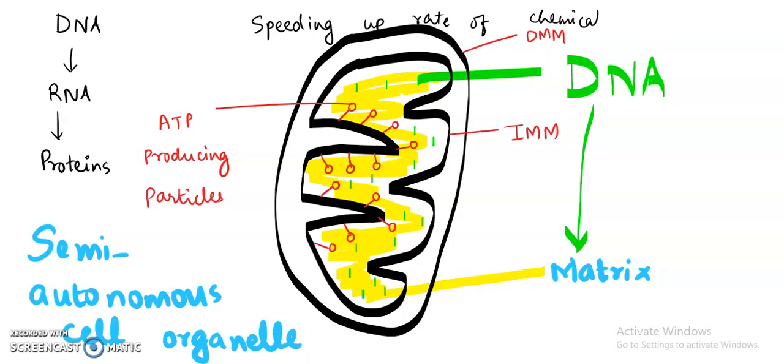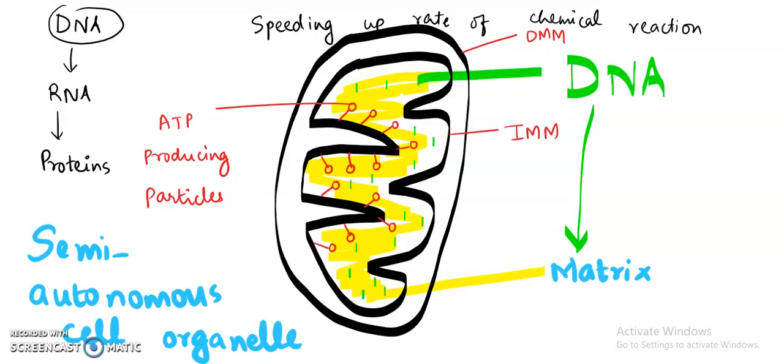So ATP production is also an example of various chemical reactions that are taking place in a mitochondria. If it has its own DNA, it can form its own RNA, it can form its own proteins, and some proteins may function as enzymes which will help in the ATP production.